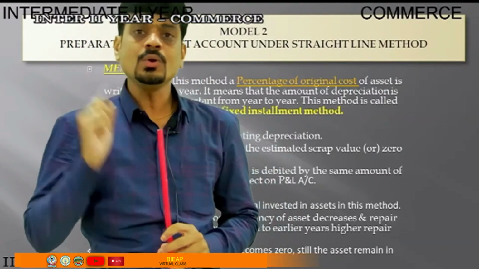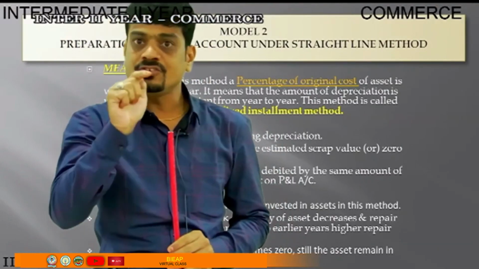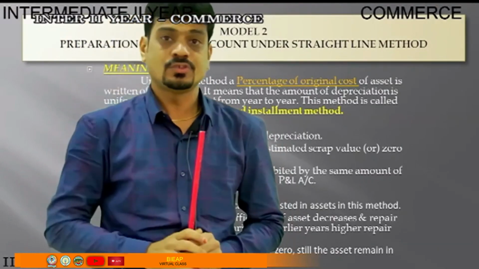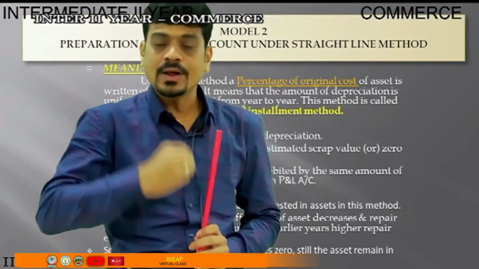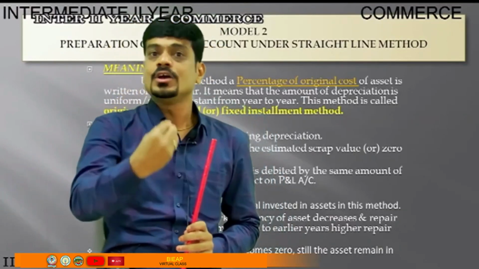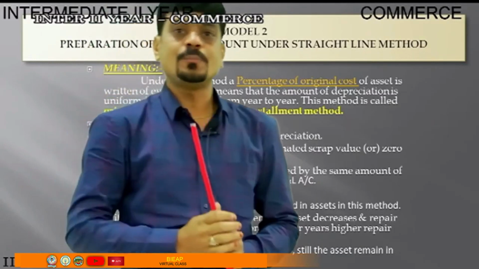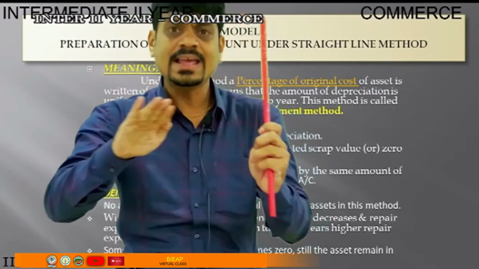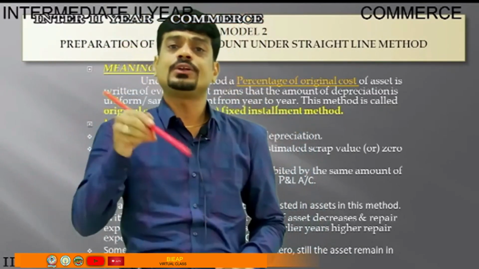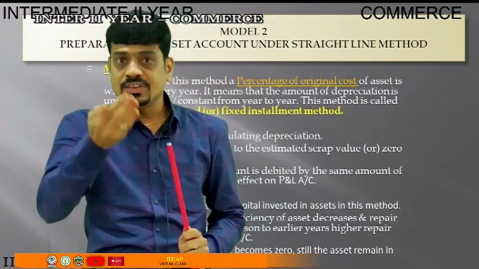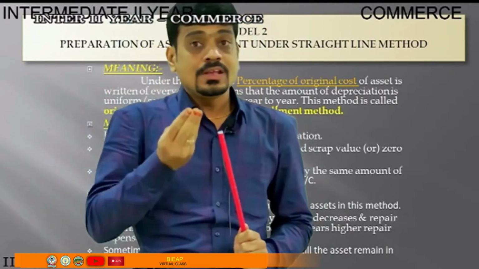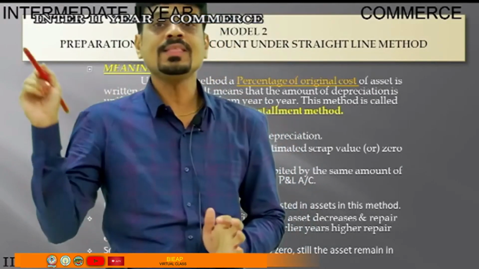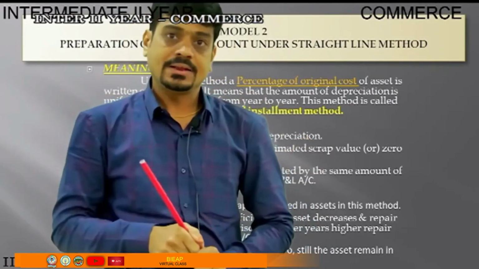Now some of them, instead of using cash, they use bank also. When we use bank, for example, if you are purchasing asset by issuing a check, you can use bank. There is no hard and fast rule that only cash should be paid. No. Since we are in the digital world, majority of transactions we do with bank. So we can write even bank.